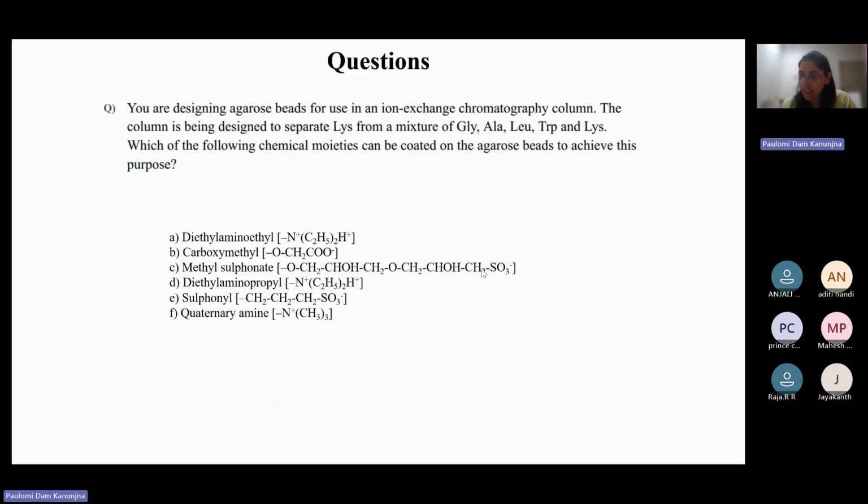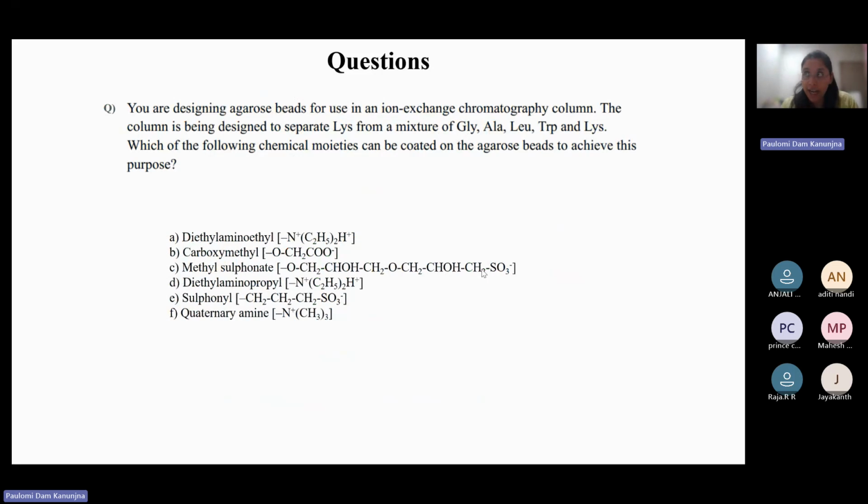Yes, first answer. Anyone else? Okay, let me ask you this way. What is the charge of lysine? What amino acid? So anyone, so positive, right?